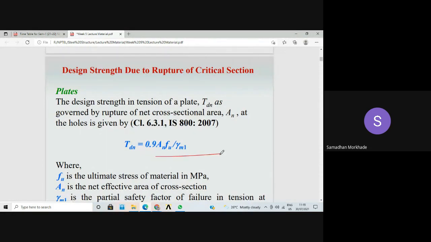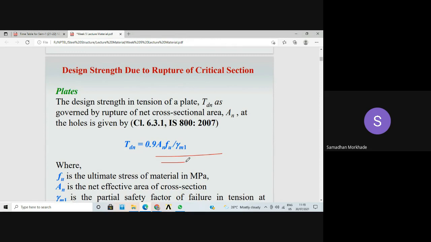The difference is due to the type of loading acting on the sections. A plate is a symmetrical section, so its formula is for concentric loading, whereas in angle sections we have to calculate the capacity for the connected leg and the outstanding leg. The TDN formula for angles is the combination of the tension carrying capacity of the connected leg and the outstanding leg.